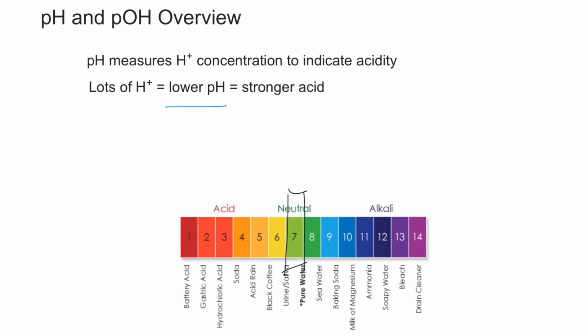So as we go down from the value of 7 and we reach values like 1, 2, or 3, those represent strong acids. Whereas values of 6 or 5 and even 4 could represent weak acids. The same thing applies for the bases. As we go up from 7 and we reach values like 14 and 13, those represent strong bases.